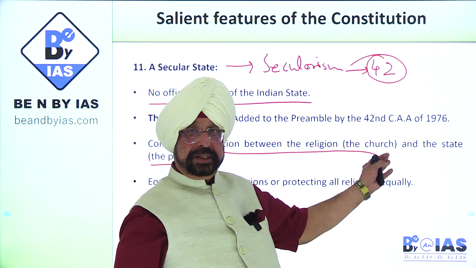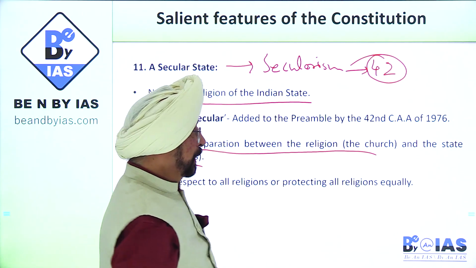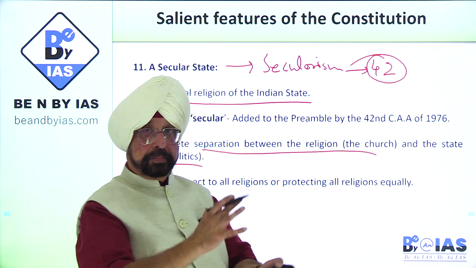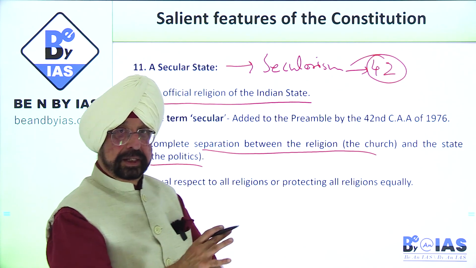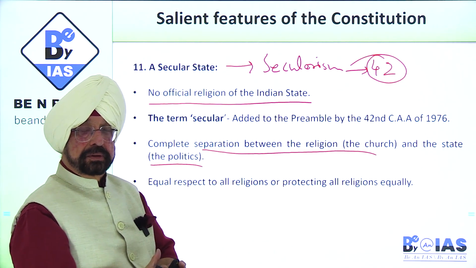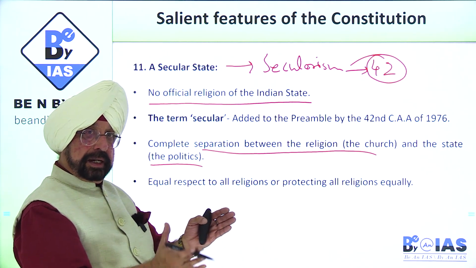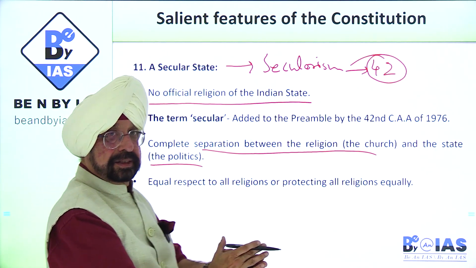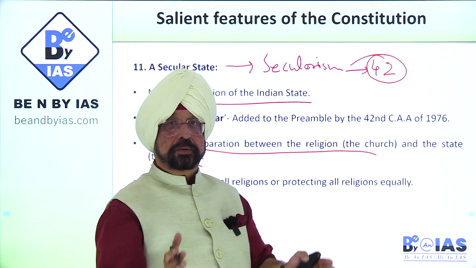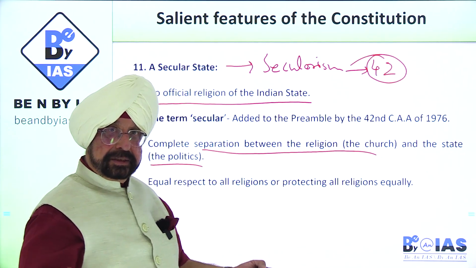Like in Vatican City, it's a Christian state where the church and politics and the governance are the same. The church, the religion and the governance are the same. In the case of Islamic countries, it is the same way.